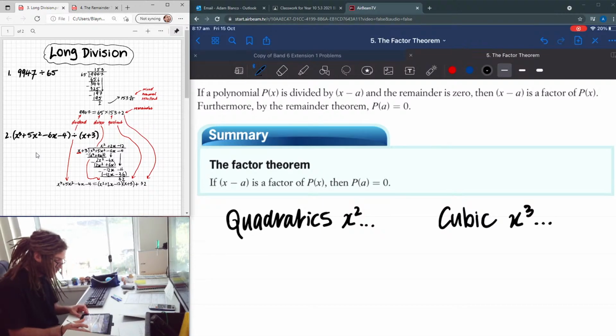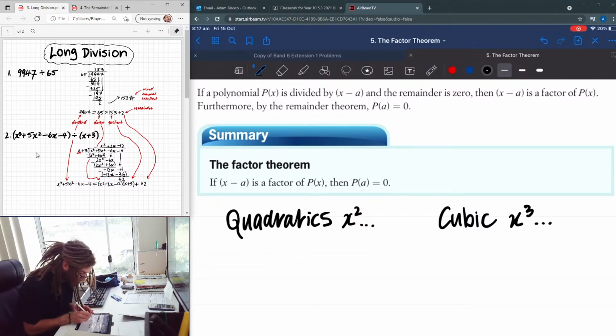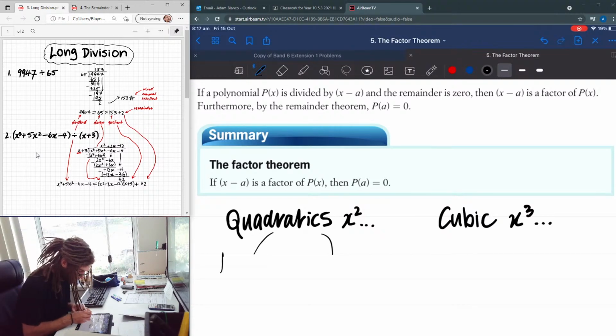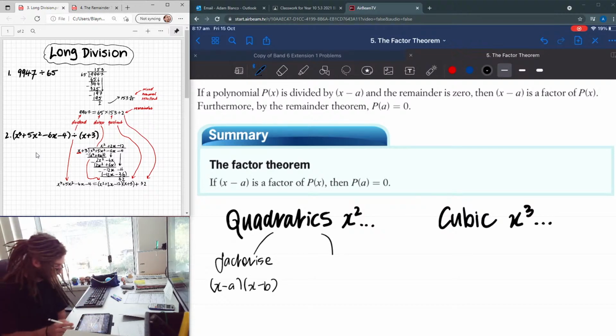Now, there are two things that stem from each of these that allow us to draw it. The nicest versions of a quadratic you'll be able to factorize, and what you'll end up with is two sets of brackets, x minus a, x minus b, or something like that.